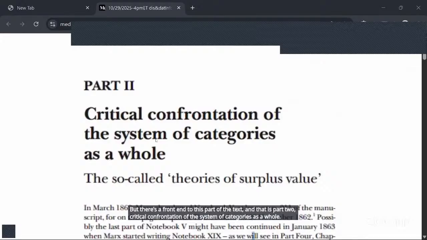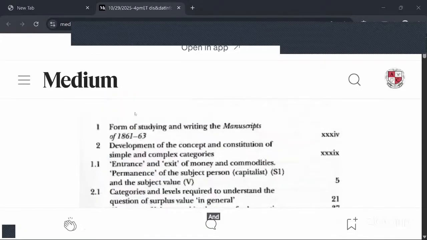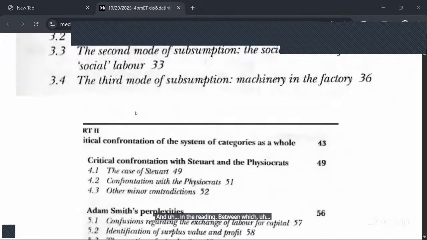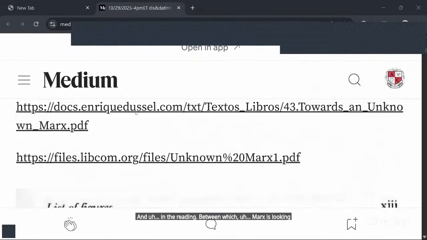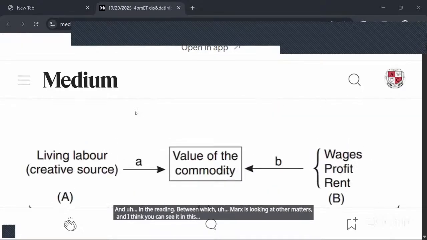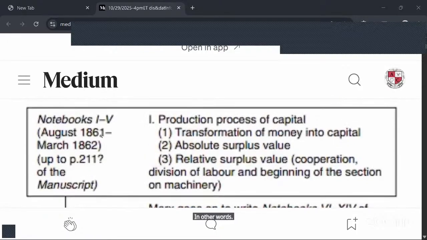As Dussel has described it before, there was this little break in the reading during which Marx is looking at other matters. And I think you can see it in this diagram. In other words, August 61 to 1862 covers the front end.